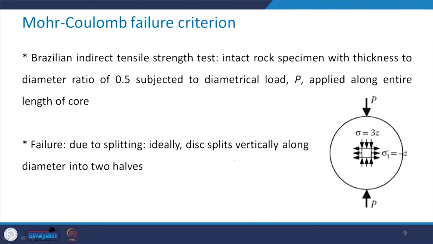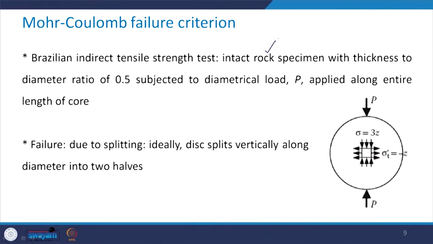Now I mentioned to you that it is the Brazilian indirect tensile strength test, which is conducted on the intact rock specimen to obtain the tensile strength of the rock. The condition for the sample preparation was that the thickness to diameter ratio should be 0.5, and it was subjected to a diametral load P. Look at this figure.